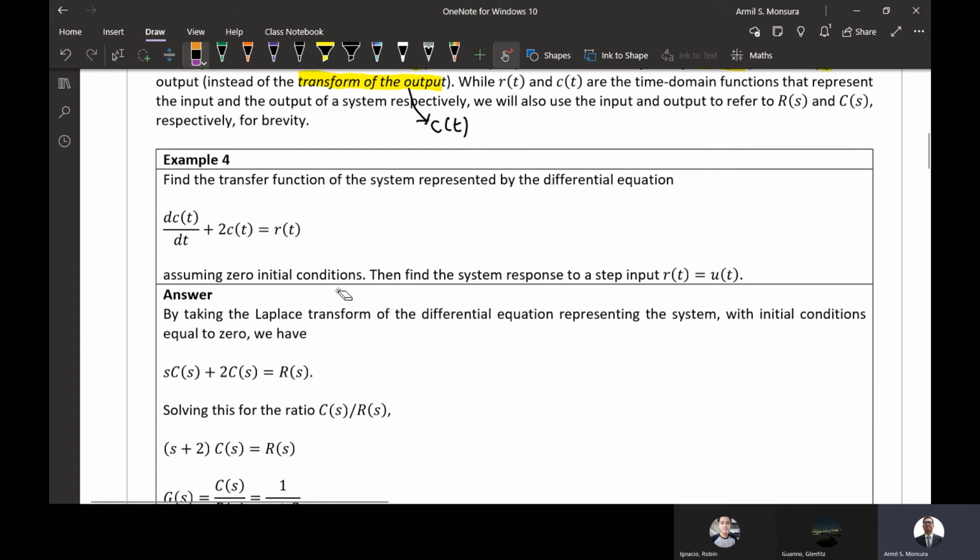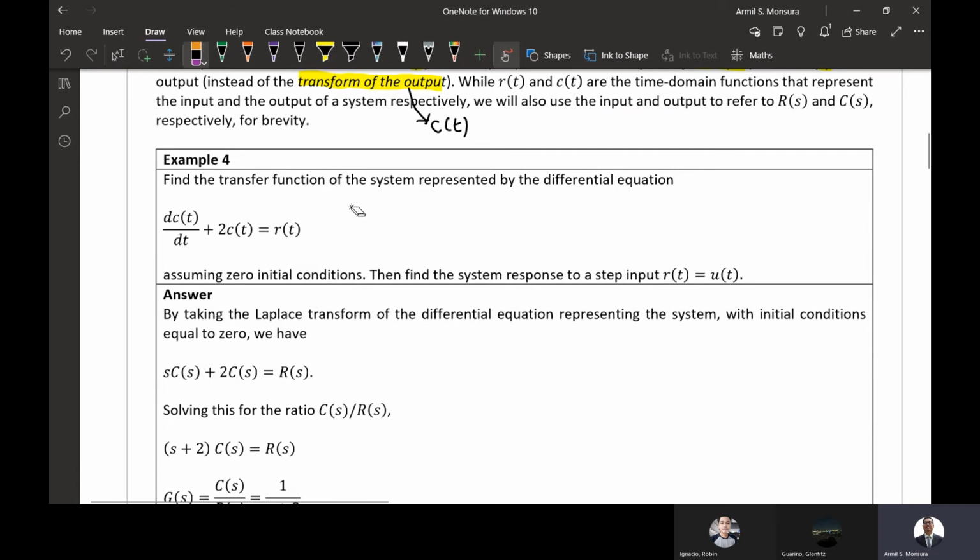Okay? Sa class natin, in our class, we will always assume that your system is operating from zero initial conditions. Okay? So, yun, baka hindi na siya mabanggit. Pag hindi siya nabanggit, yun yung understanding natin lagi.